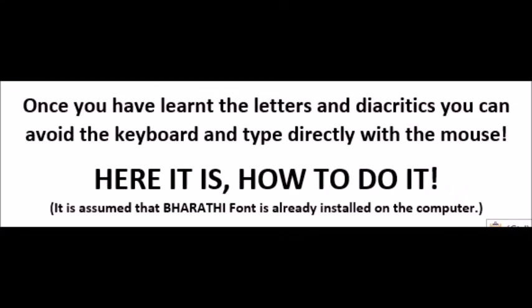Once you have learned the letters and diacritics, you can avoid the keyboard and type directly with the mouse. Here is how to do it. It is assumed that the Bharathi font is already installed on the computer.